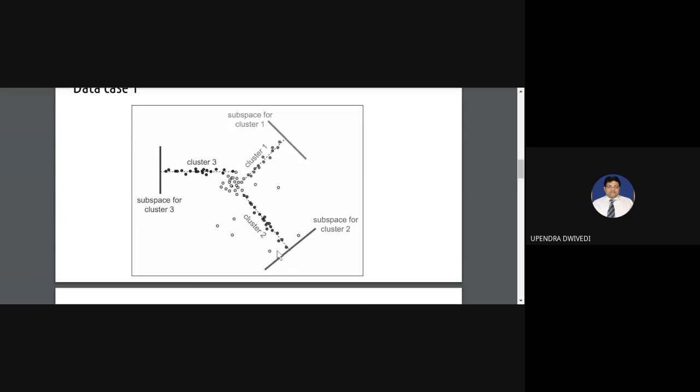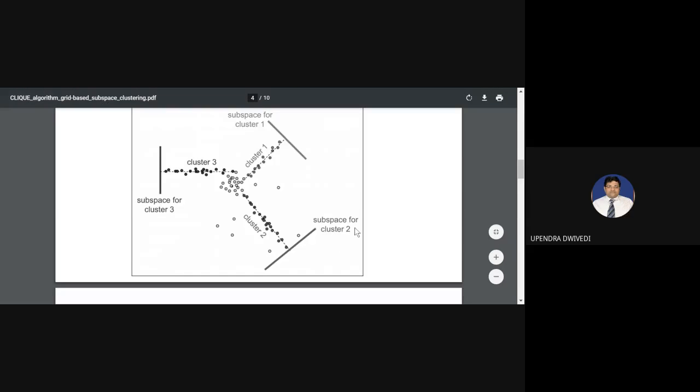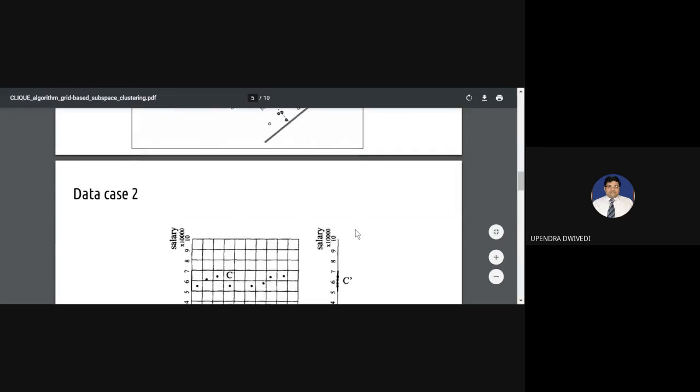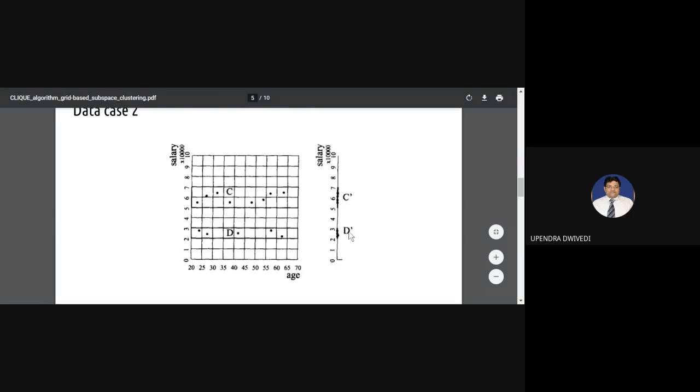This is one data case where the data set has been defined into different clusters, and they have defined subspaces for the different clusters. This is a second example of data where they have mapped age, age group, and the corresponding salary.